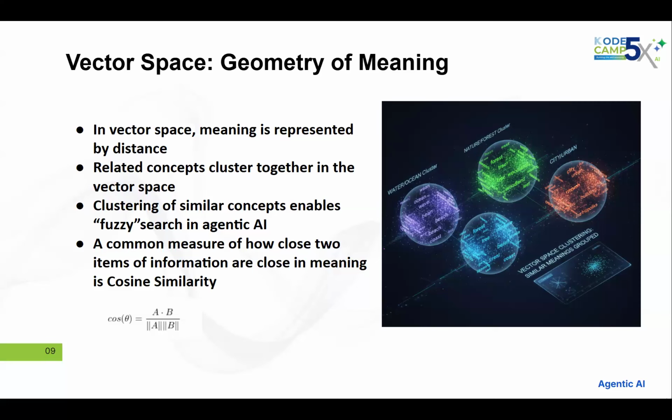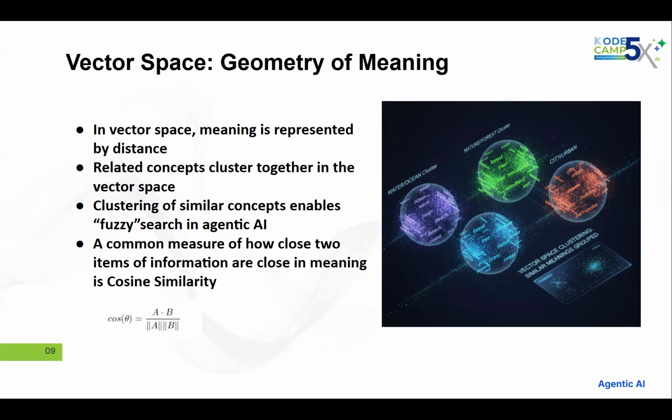Now, a common measure, like I talked about how similar two words are in meaning, can be determined by how close their vectors are to each other in vector space. And one way to quantitatively measure this is cosine similarity. The cosine similarity is just the cosine of the angle between those two vectors.